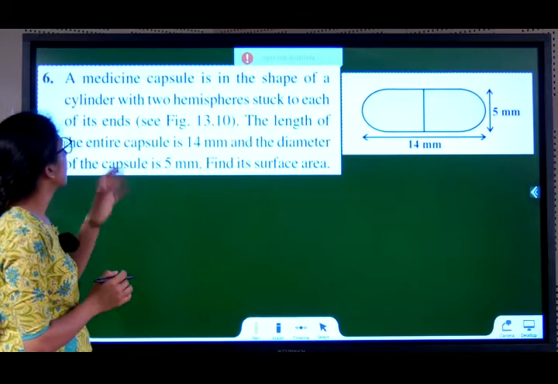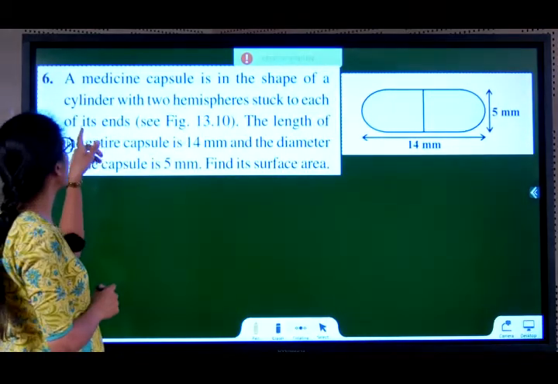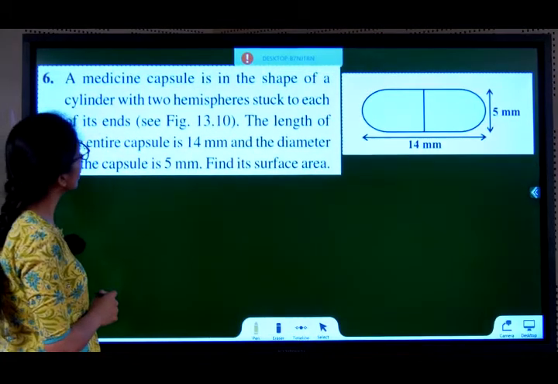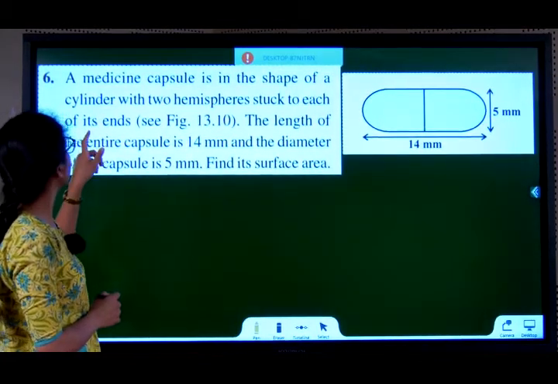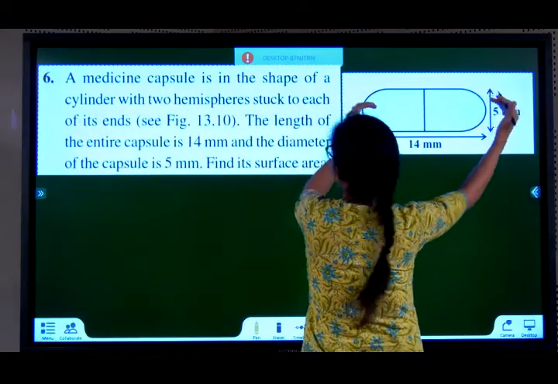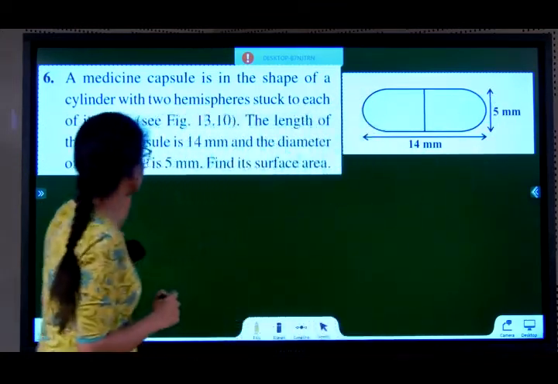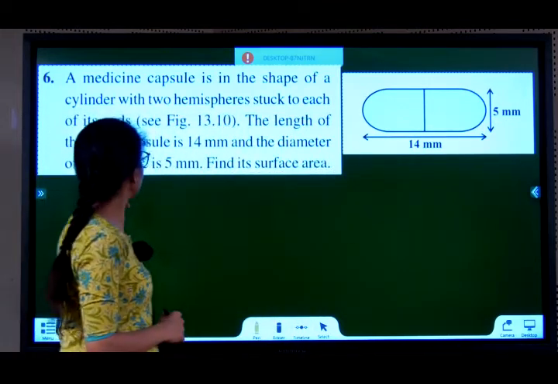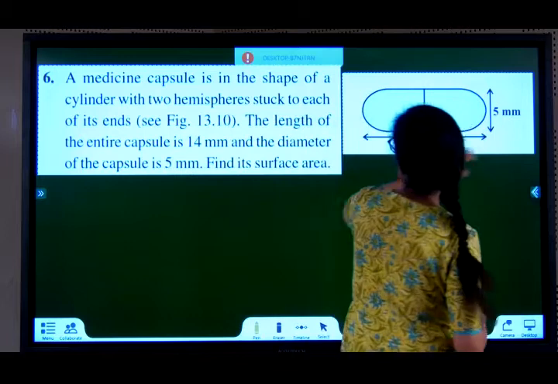Question 6. A medicine capsule is in the shape of a cylinder with two hemispheres stuck to each of its ends. So this is a cylinder and we have two hemispheres stuck here. The length of the entire capsule is 14 millimeters and the diameter of the capsule is 5 millimeters.